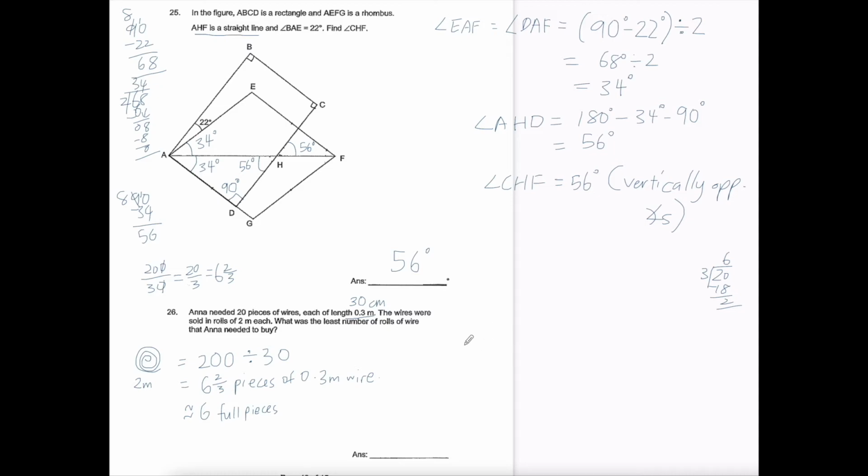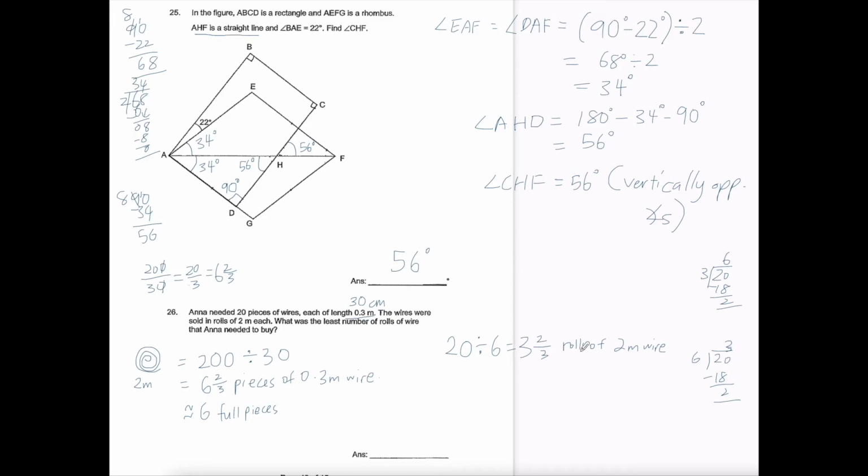How many rolls of 2 meters do I need? I should take 20 divided by 6 to find out how much I need. 20 divided by 6 is 3 2/3. So I need 3 2/3 rolls of 2 meter wire.